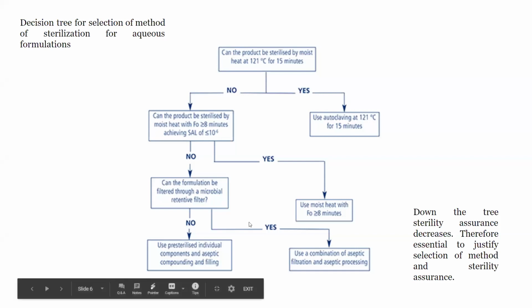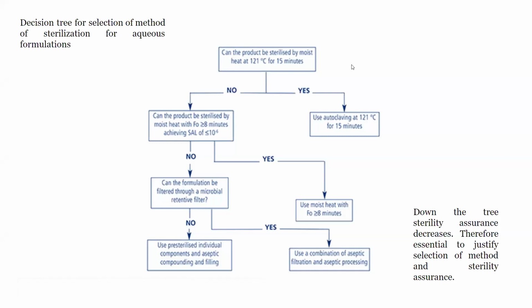So whenever possible, the most feasible method of sterilization is autoclaving. So we'll first determine whether autoclaving is safe for the product for sterilization. So if it is yes, go for autoclaving at 121 degrees Celsius for 15 minutes. If it is no, then can this product be sterilized by autoclaving for more than 8 minutes to achieve sterility assurance level of less than or equal to 10 raised to minus 6 microbial count.